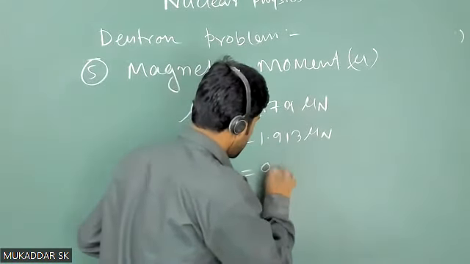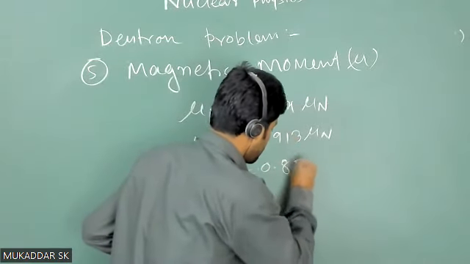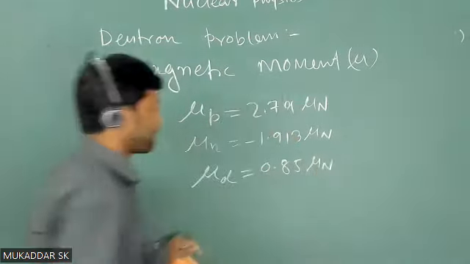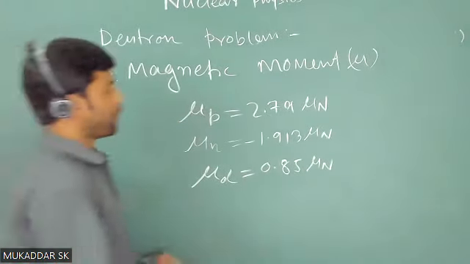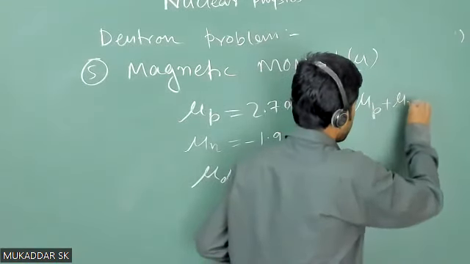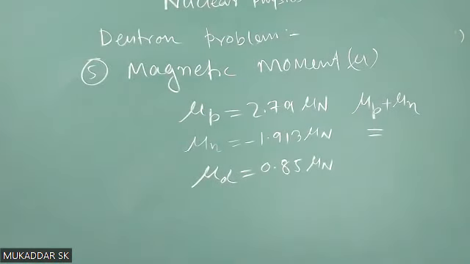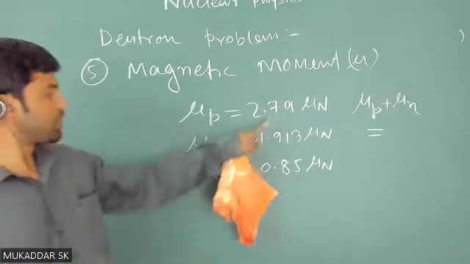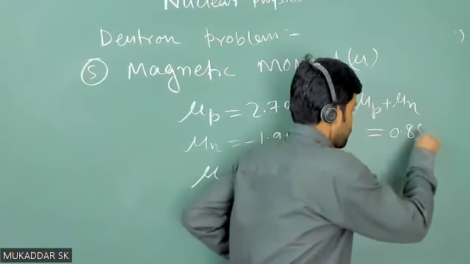That is 0.85 μn. If you calculate the magnetic moment of the proton and the magnetic moment of the neutron and sum them, that will be around 0.88.